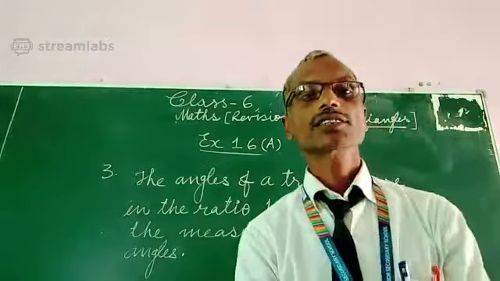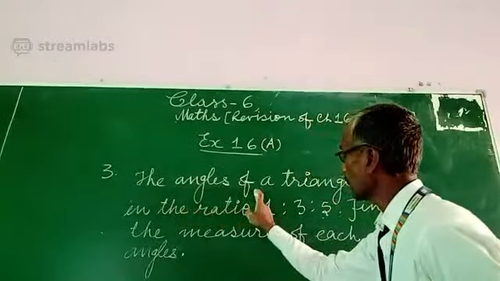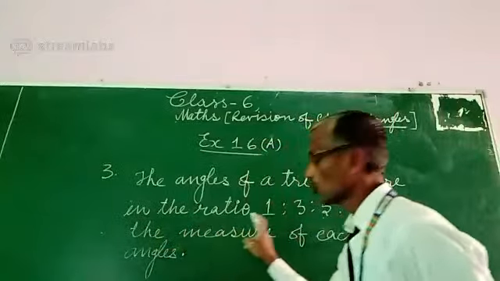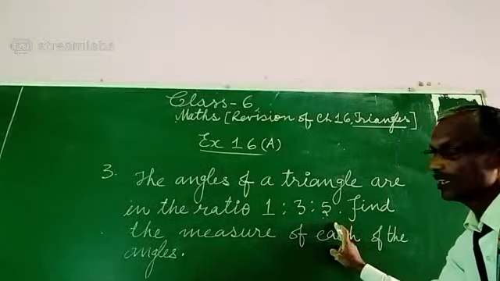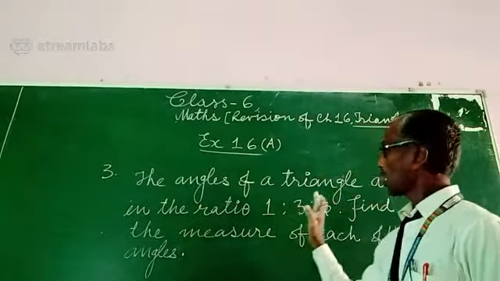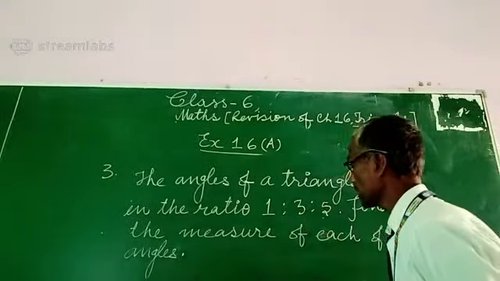Good. Now our answer is correct. Here the angles of a triangle are in the ratio 1:3:5. This means the accurate measures of the angles are not given here.